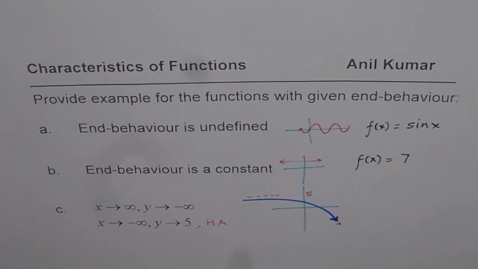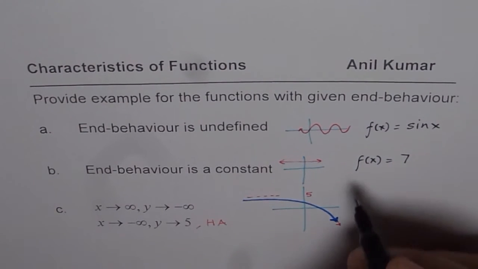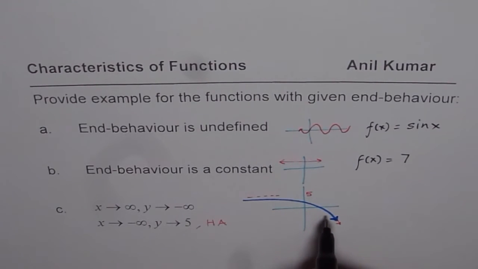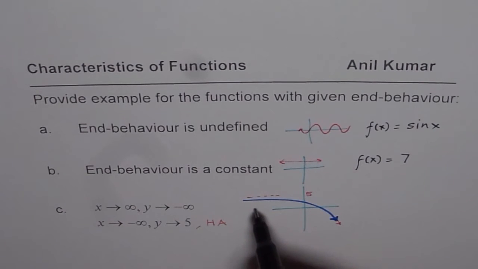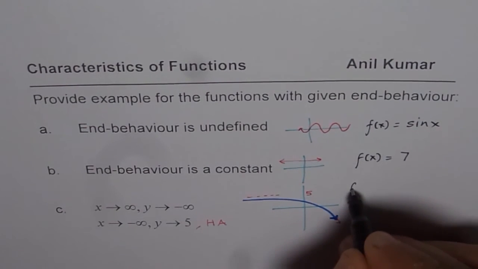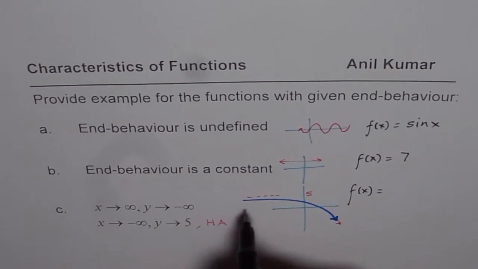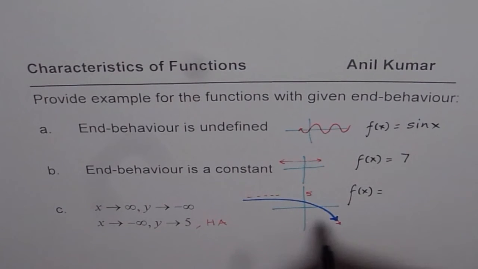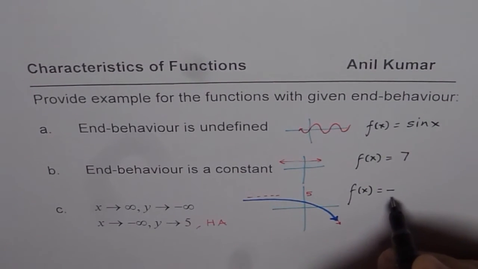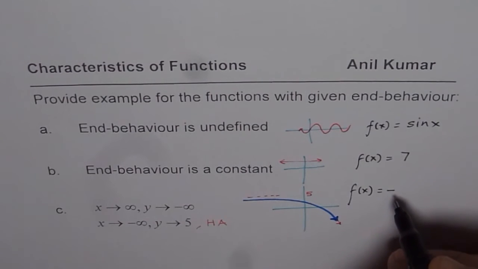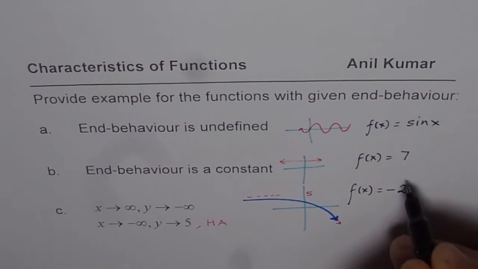And that reminds us of what? Well, this kind of function is an exponential function which has been reflected, right? So normally you see those kinds of reflected exponential functions. Since it is reflected on the x-axis, we can say minus, you could say anything, minus 2 to the power of x, for example.